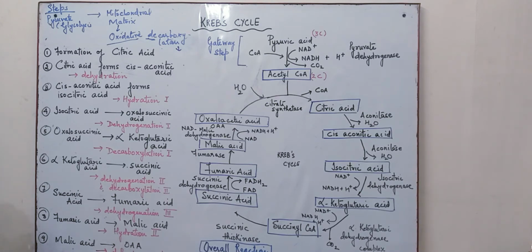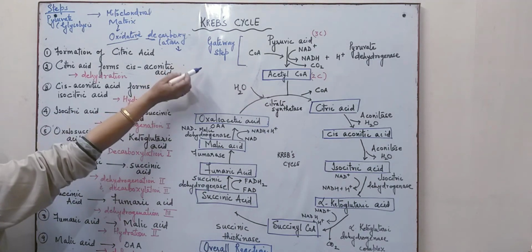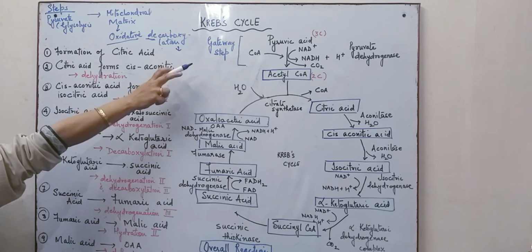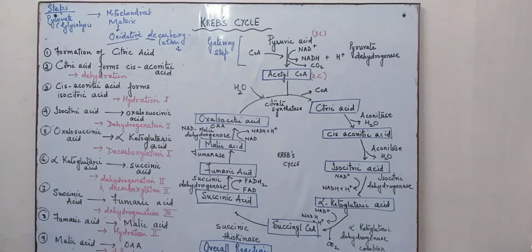These are the cofactors involved in forming acetyl coenzyme A, and this step is also known as the gateway step, because until the pyruvic acid gets converted into acetyl coenzyme A, the Krebs cycle is not possible.